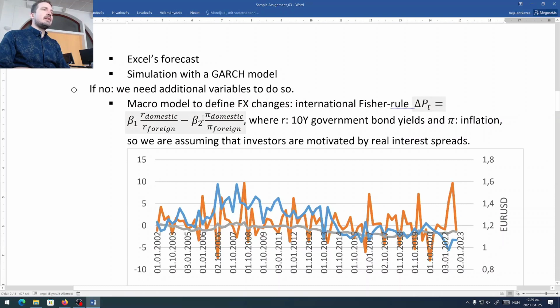So it can follow this interest rate parity rule, what you also learned in introduction to finance, that the interest rate differential between foreign and domestic interest rates will determine whether the currency will appreciate or depreciate, because it can provide the motivation for investors. If we are doing it in a nice way, then we can also add the inflation differential, because it's more elegant.